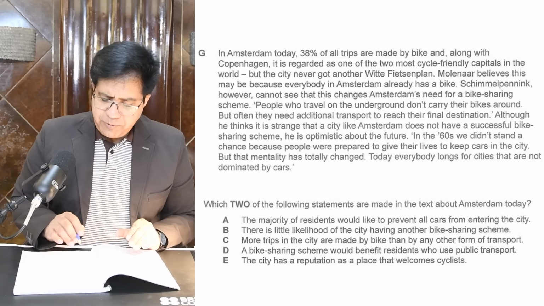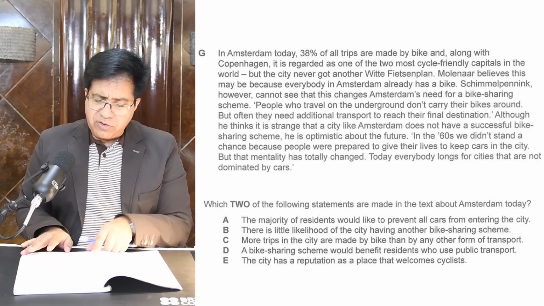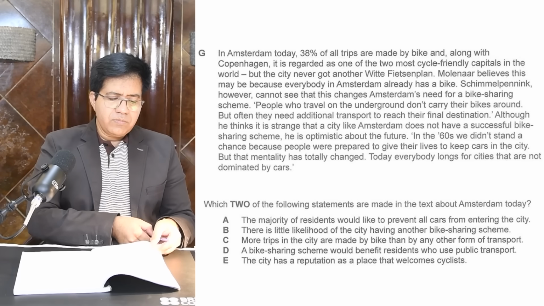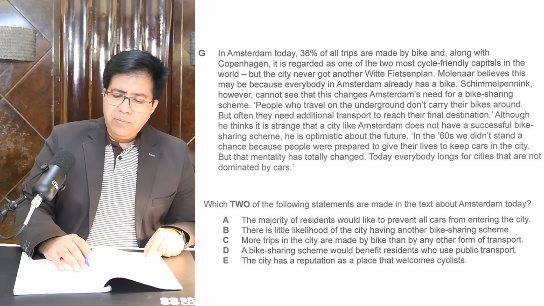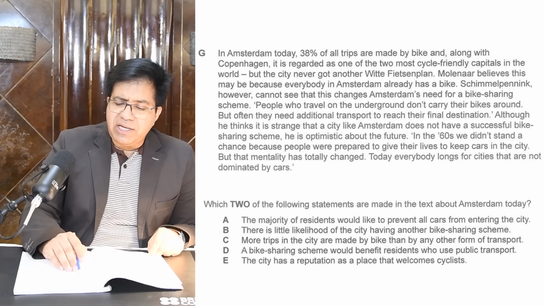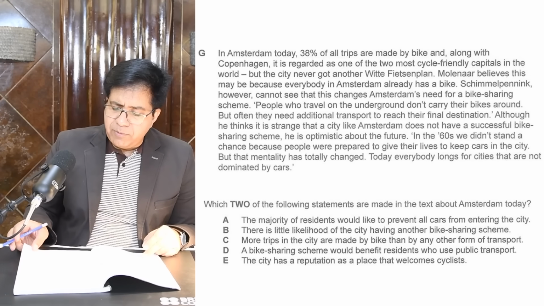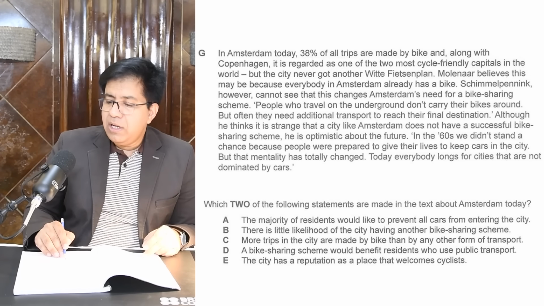So do we have any option? People who travel on the underground, and this is in inverted commas. Option B or D? D for duck. A bike sharing scheme would benefit residents who use public transport. And what is the word for public transport? Underground.